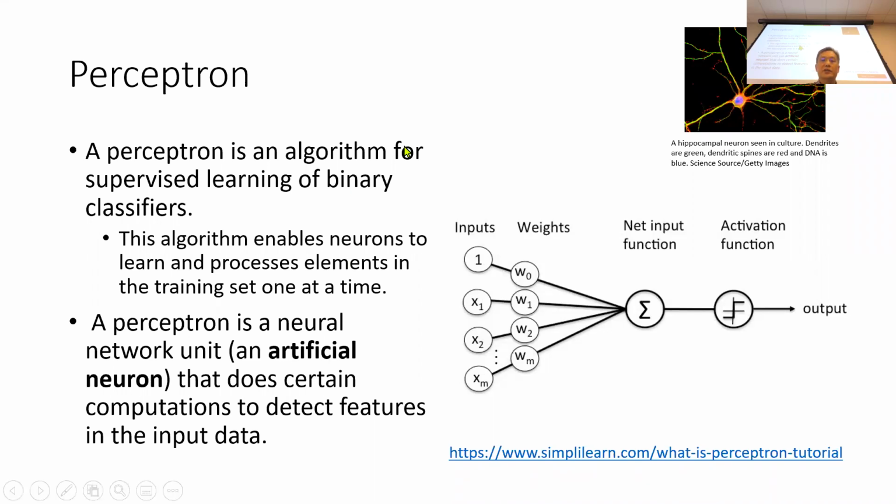So you have input. Input is your data. We know the data is a column vector. For example, this has m dimensions. If you have 2 dimensions, you have two numbers, and if you have 3 dimensions, you have 3 numbers in this column vector.